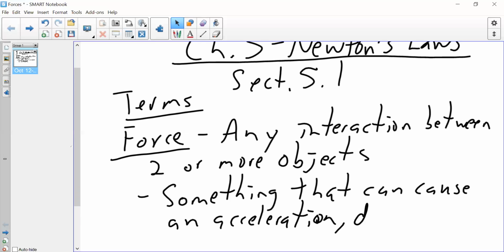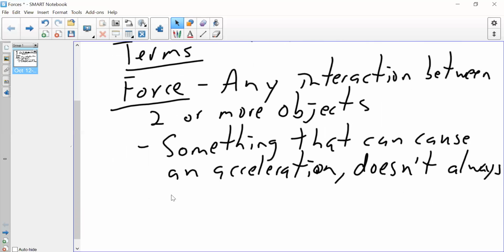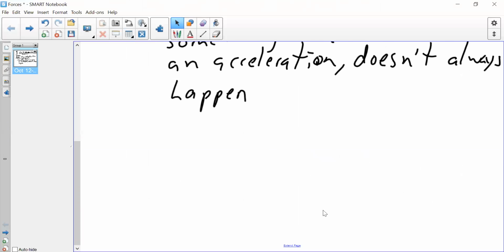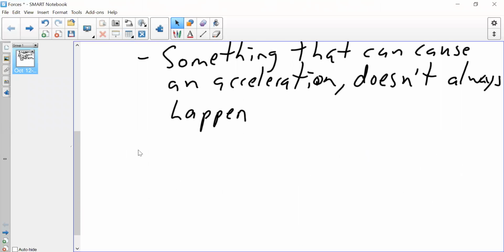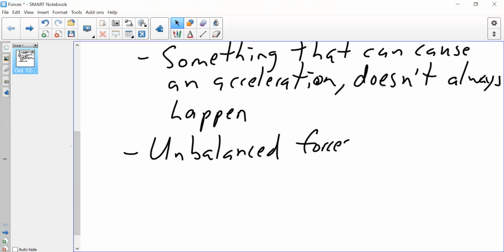It doesn't always happen. As I mentioned, unbalanced forces cause accelerations.